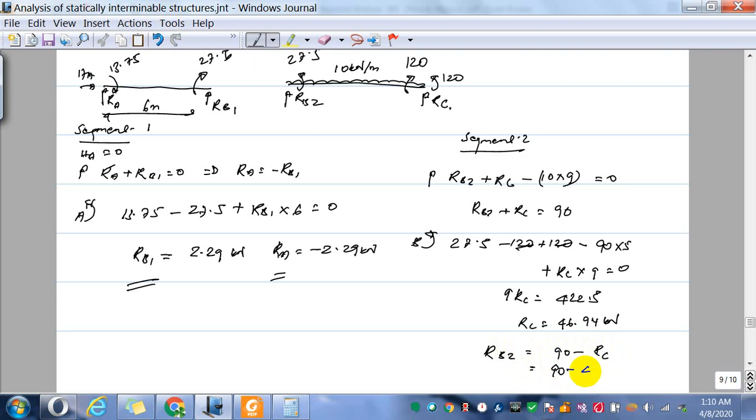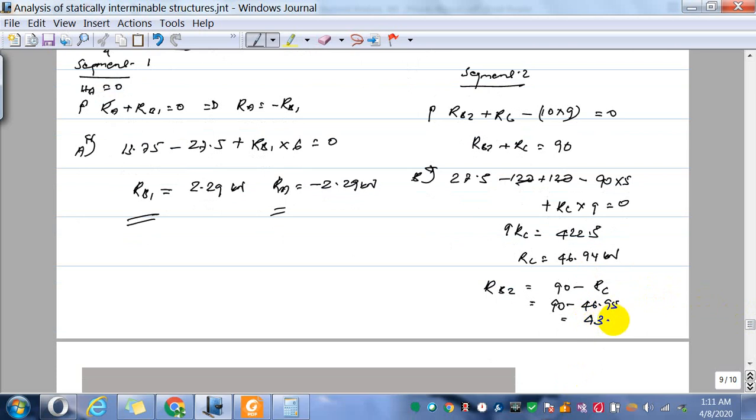So 90 minus 46.94, that is equal to 43.05 kilonewton.